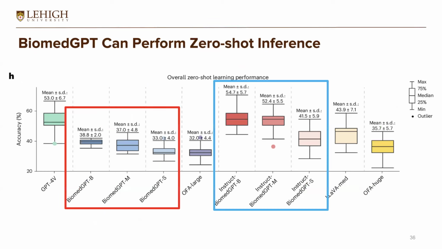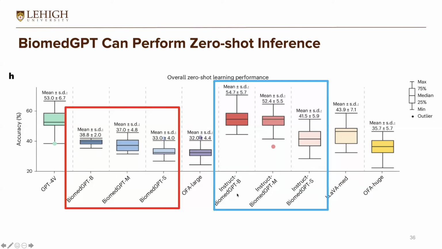And here is a more comprehensive data analysis. This is about the language task, with zero-shot inference. If we don't use instruction fine-tuning like ChatGPT did, compared to GPT-4V our performance is lower, much lower, on the text data.